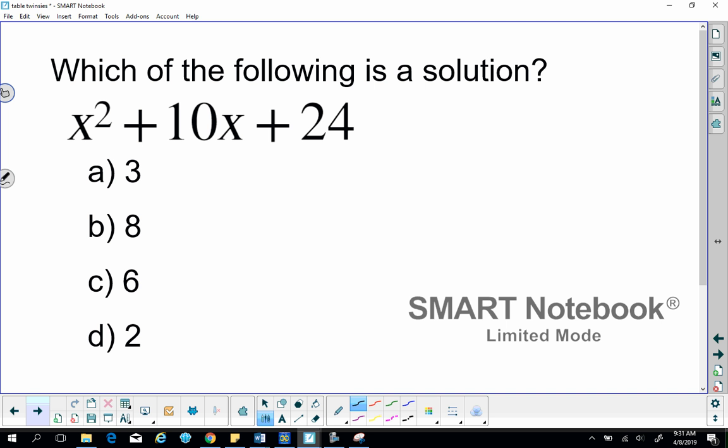This question says, which of the following is a solution? We don't always spell it out for you and say, find the x-intercept. But we know that solution is another word for x-intercept. So type this into your table up here. Type that equation into your table. And once you've got it, give me a thumbs up.